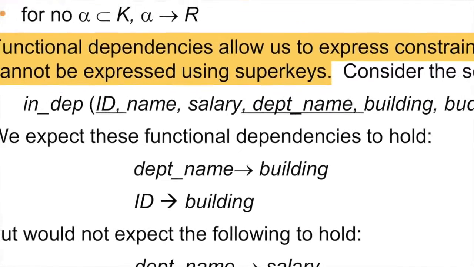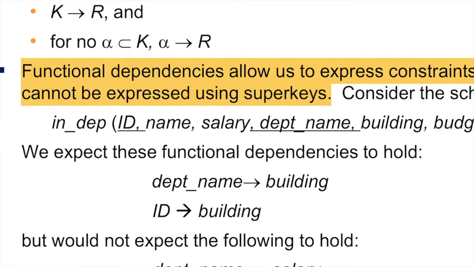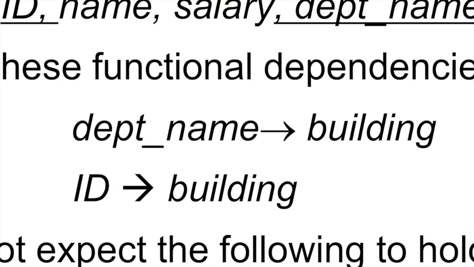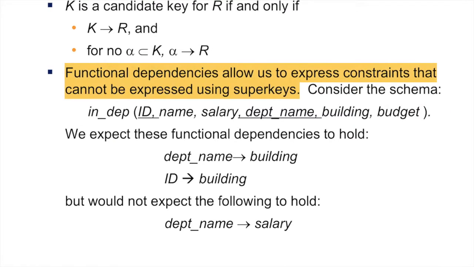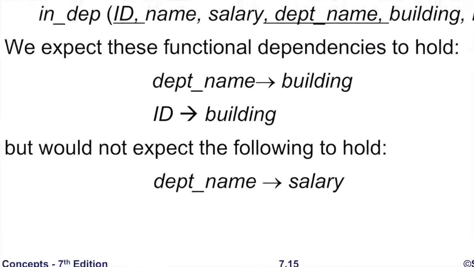It is expected that yung mga functional dependencies na ito nag-hold: if the department name is the same, then dapat the same din yung building name. Yun yung ibig lang sabihin nito. If the same yung ID, then dapat the same yung building. However, we will not expect that kapag pareho ng department name, then pareho sila na salary.